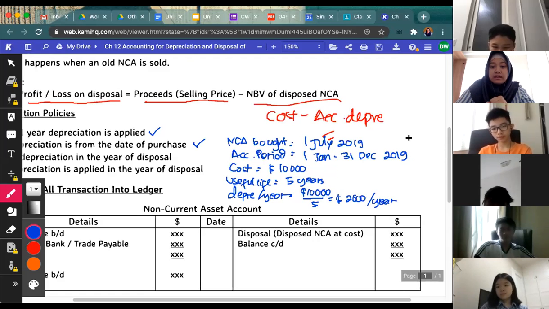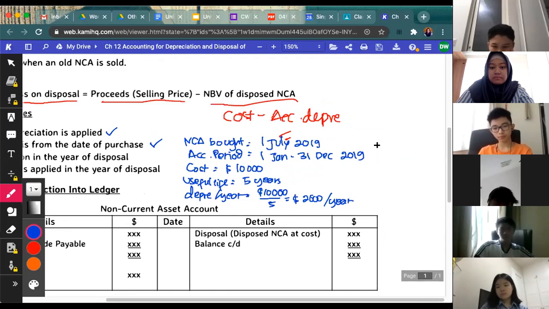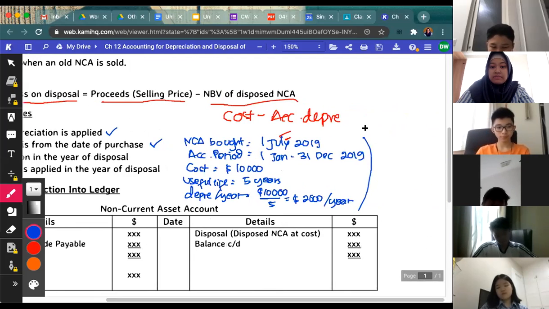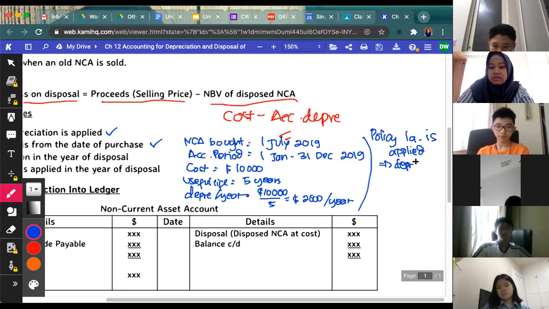Now, let's talk about this policy, policy number 1. If policy number 1A is applied, that means depreciation for the year is still 2,000.